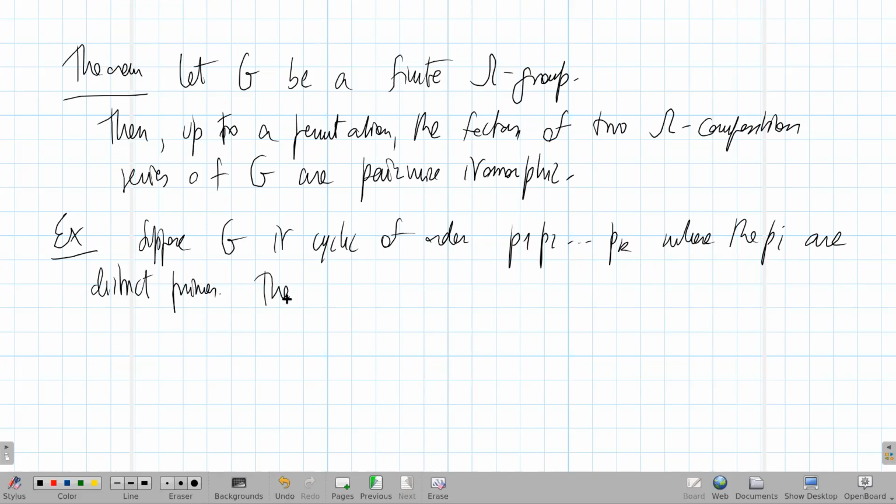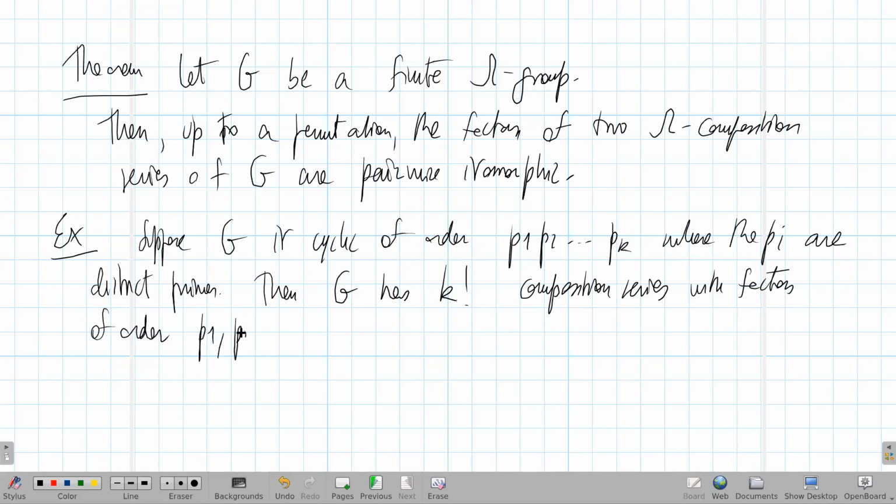Then G has k factorial different, let's say, composition series, with factors, up to a permutation, of order p1, p2, ..., pk.